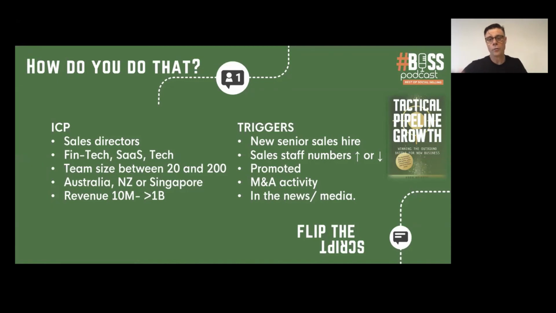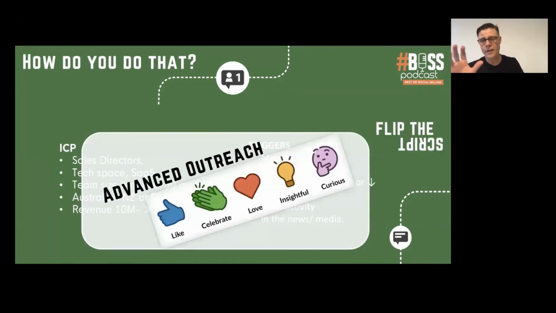Okay, and this is an advanced outreach strategy, of course, and I just want to mention this. If you are posting content, if you're posting good stuff, if I'm writing articles and I've got sales directors that are liking or interacting with my content, that too represents a trigger. So in a lot of cases, they may already be connected with me, but if they're not, this gives me an opportunity to start a conversation about those same things.